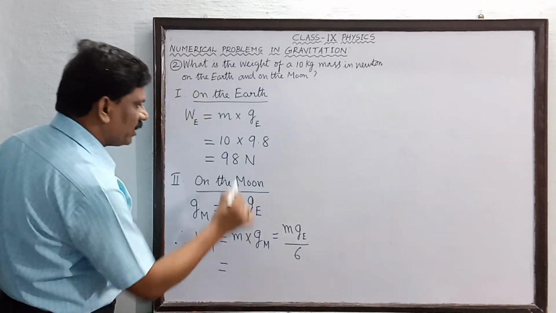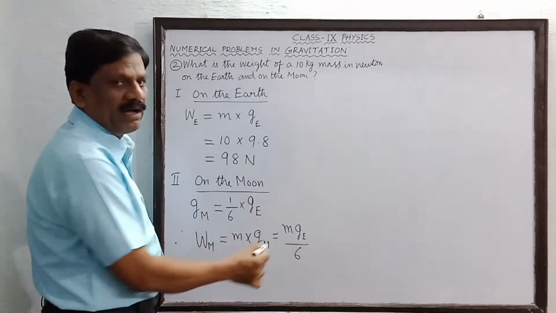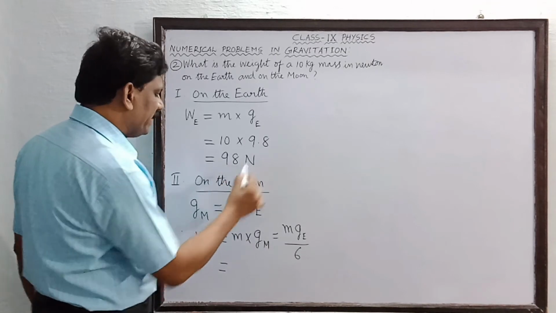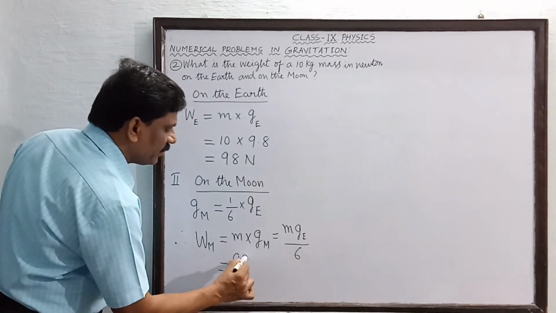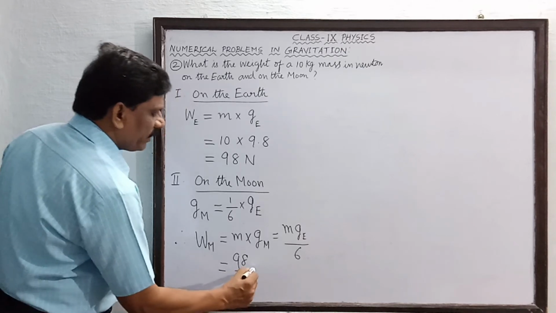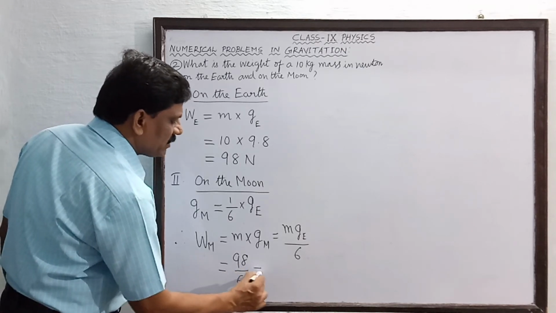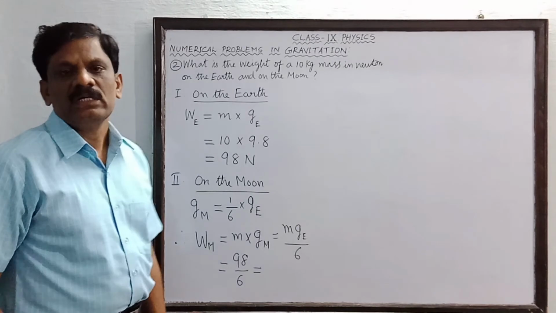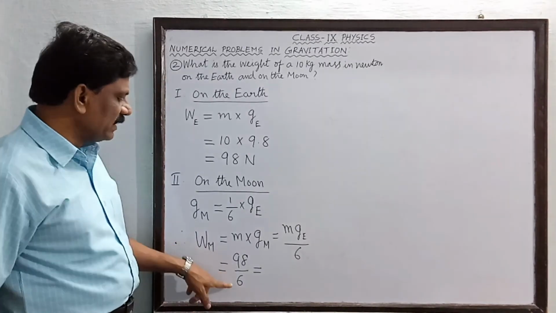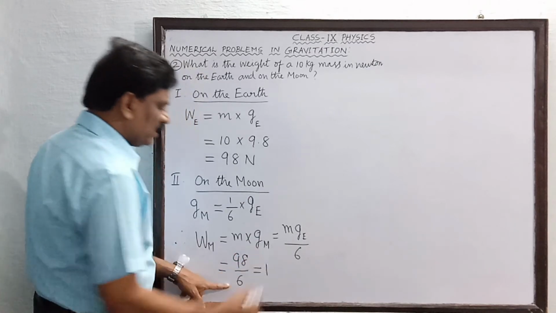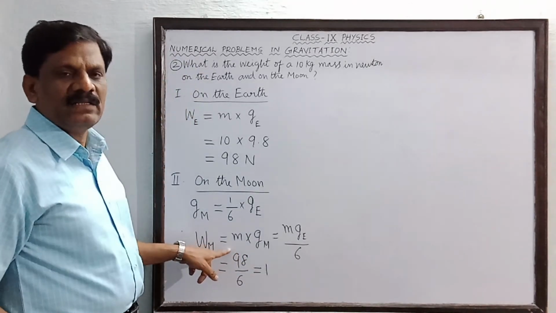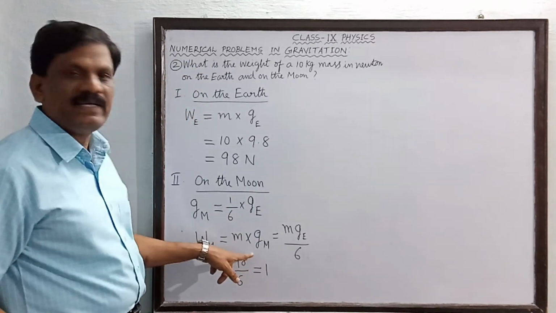So that this is equal to what? M into G on earth, this weight on earth is equal to 98 Newton. So this is equal to 98 divided by 6. Okay, students. So what is this we have to find out? So first you divide this 9 by 6, that is 1. 6 ones are 6. Remainder is 3. 3 and 8 makes 38.